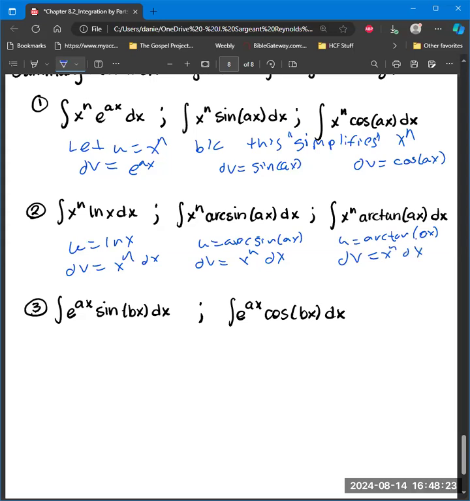Again, Liate is going to take care of all this. So in this case, your u is going to be your sine of bx, and your dv will be e to the ax dx. In this case, your u is going to be cosine of bx, and your dv is going to be e to the ax dx. So just go with it until you see the pattern.